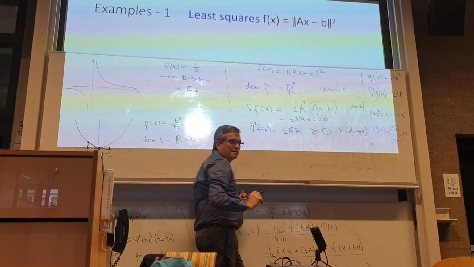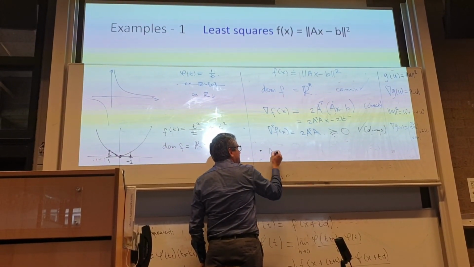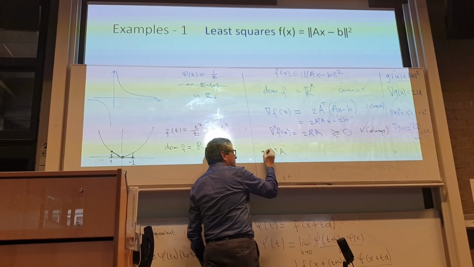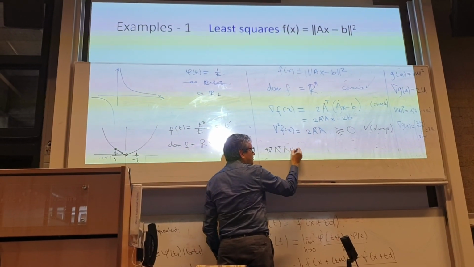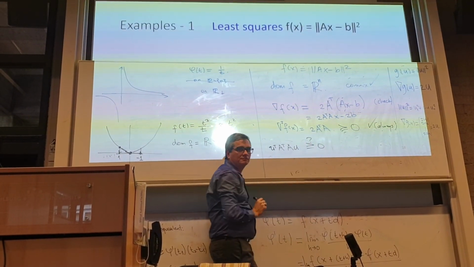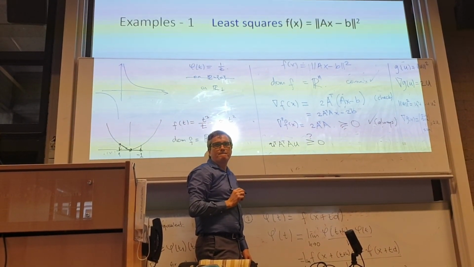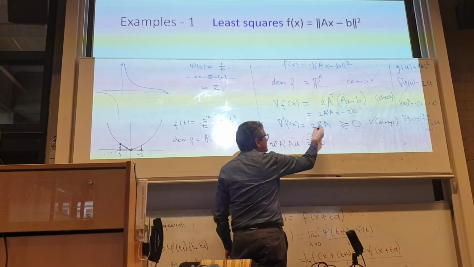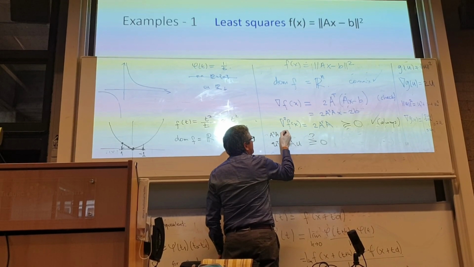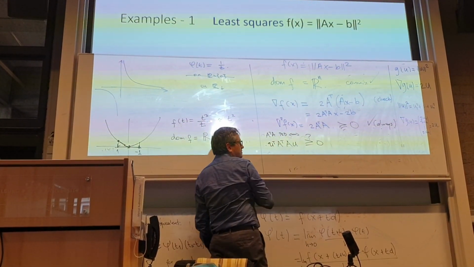Why is that? Why is this positive semi-definite? Well, one of the definitions is if I pre-multiply by u transpose and multiply by u, this has to be greater or equal than 0. So A transpose A is PSD if and only if this happens.